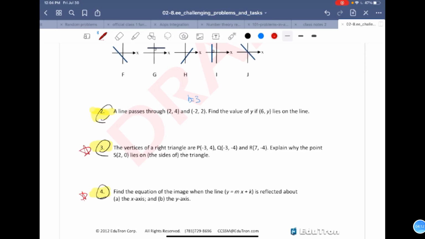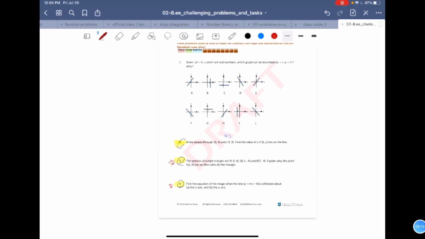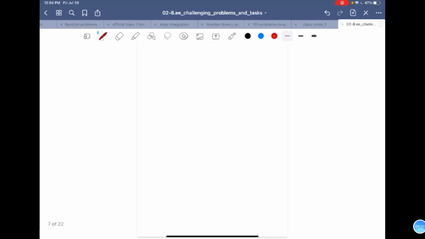So basically, we're gonna start a new page. Question 3. This question is actually pretty interesting. We're gonna draw the Cartesian coordinate first, like that.